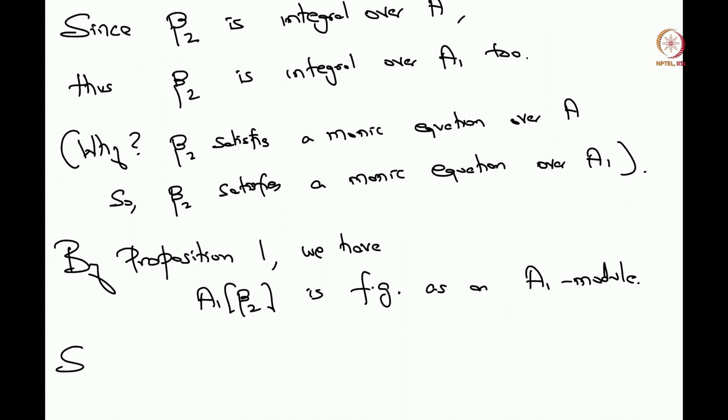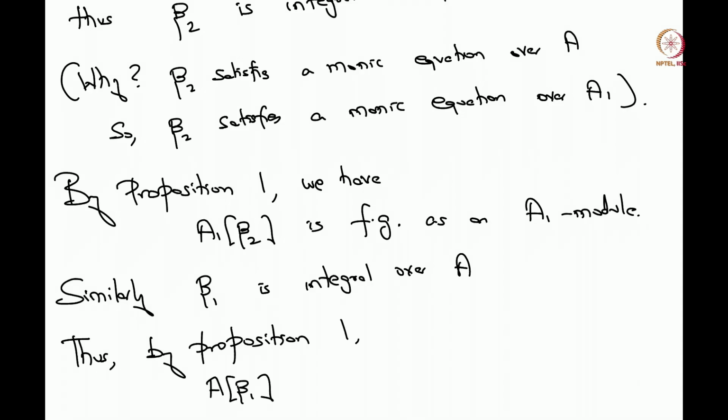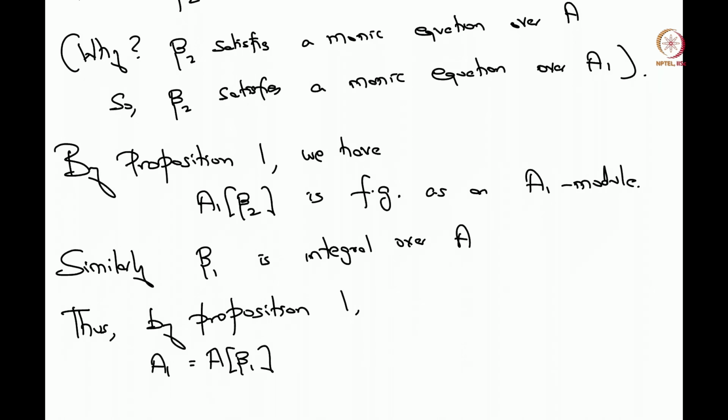Okay, but similarly, beta 1 is integral over A, by definition because beta 1 belongs to OA, and thus by proposition 1 from the earlier lecture, A beta 1, which is what we called A1, is finitely generated as an A module.